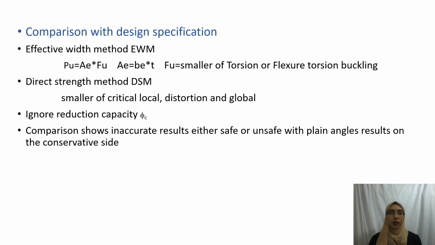Comparing the ultimate strength results from the numerical analysis with the effective width method and direct strength method shows inaccurate results, either safe or unsafe, with the plain angles results on the conservative side.